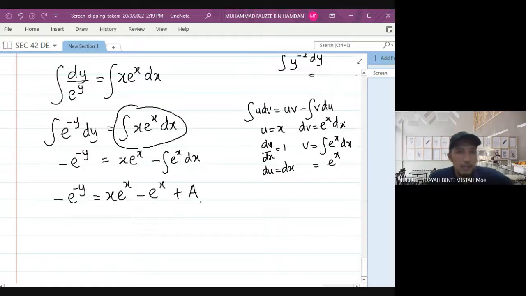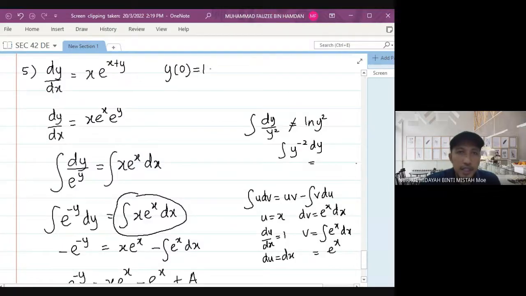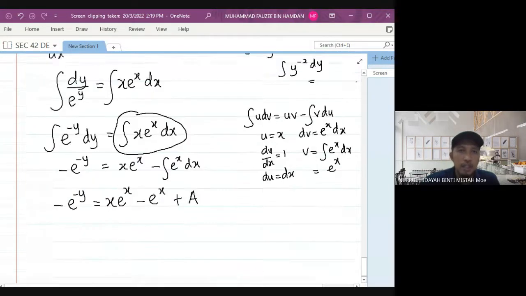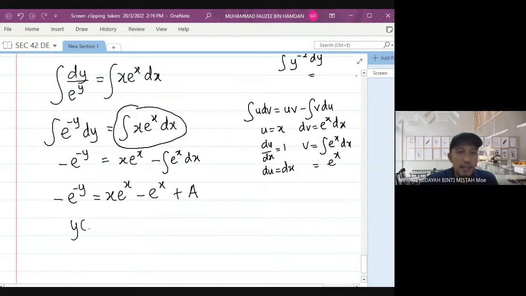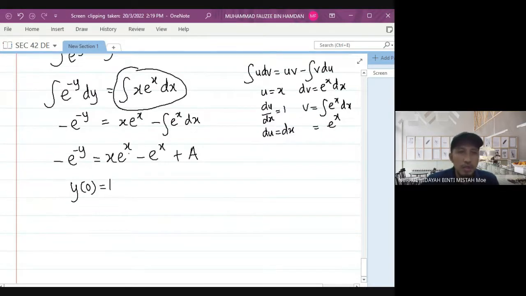Okay, any question? Any question? This is the final answer? Okay. Remember, you have a condition. This is an initial condition, y(0) is equal to 1. Substitute into this equation.